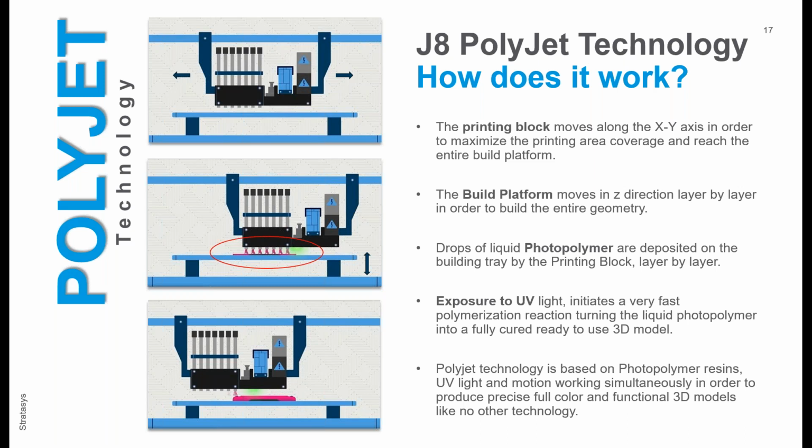And with exposure to ultraviolet light, UV light, which is also assembled within the head, when the head keeps passing after laying materials, the UV light falls over these resins and converts the liquid resins into a solid state. Hence, these are photosensitive resins that are called photopolymer resins. Well, this is exactly how the technology works.